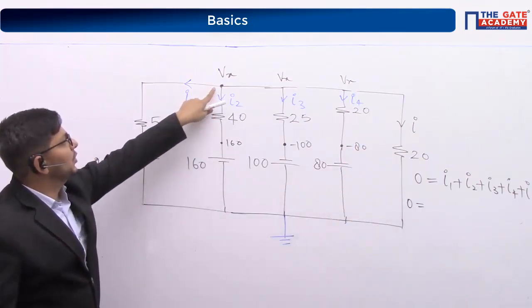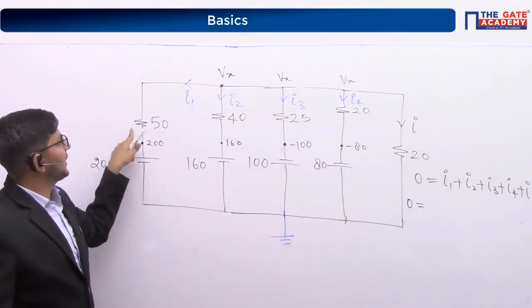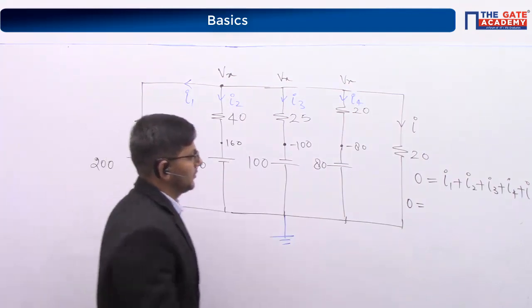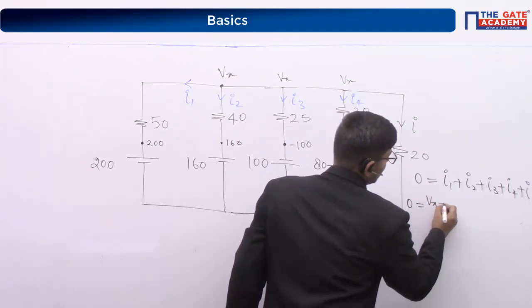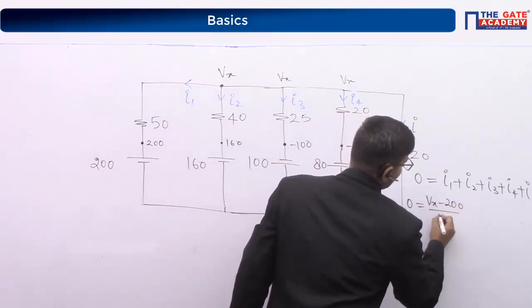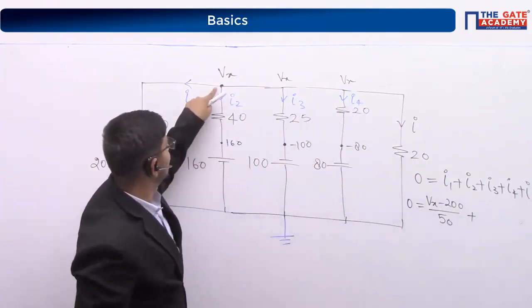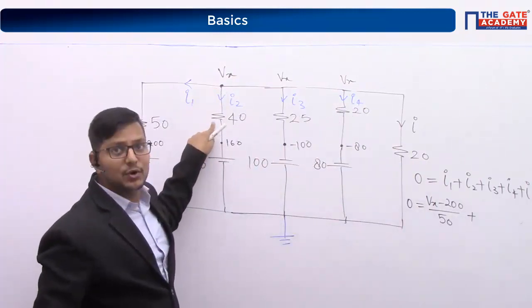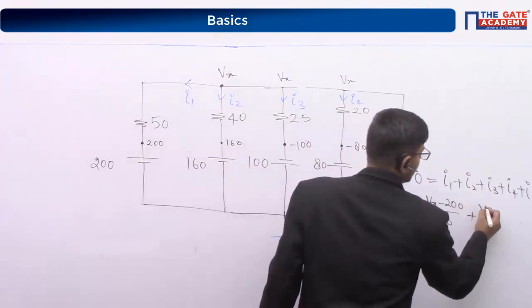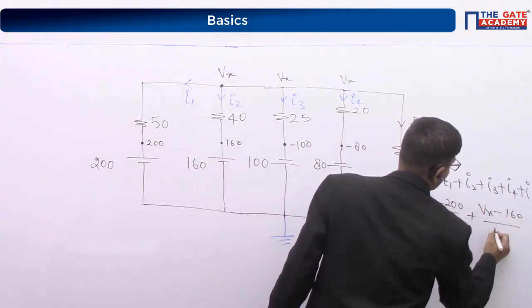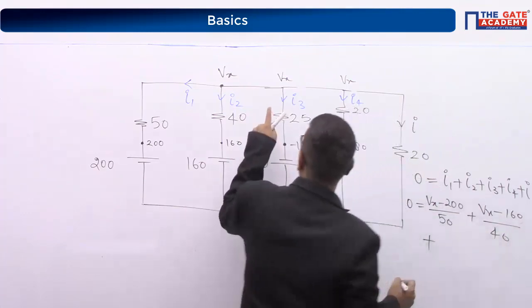Now what is I1? This point voltage is Vx minus 200 divided by 50. This is I1. What is the value of I2? Vx minus 160 divided by 40. Plus, what is I3?